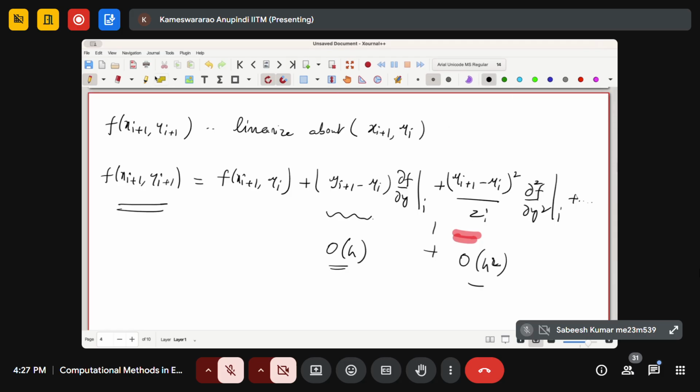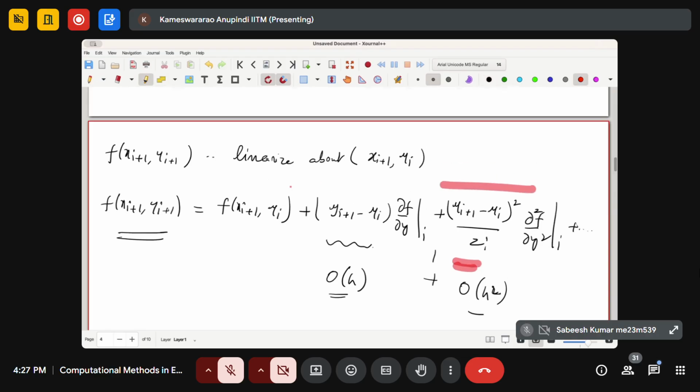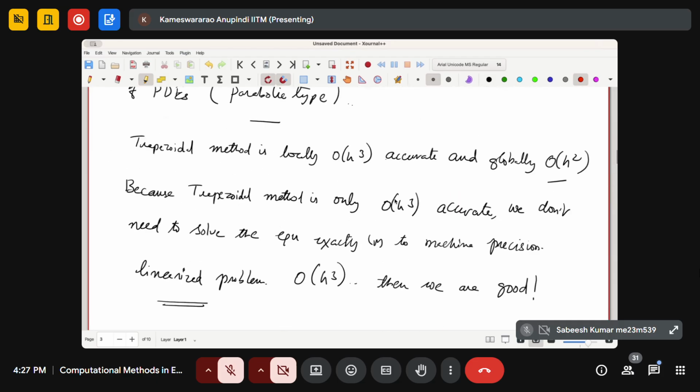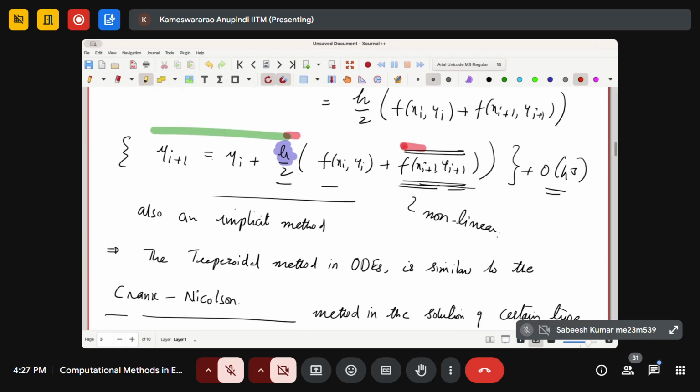So this term is order h square, which I'm truncating. That means I'm only including up to here, so my truncation error is order h square. When I plug it in here and multiply with h, it's going to give me order h cube. And that is not going to make this any lower because it is already order h cube, and I'm only making some more truncation error of the same order. So this is also going to be order h cube.